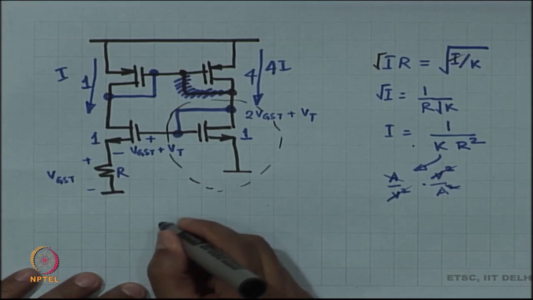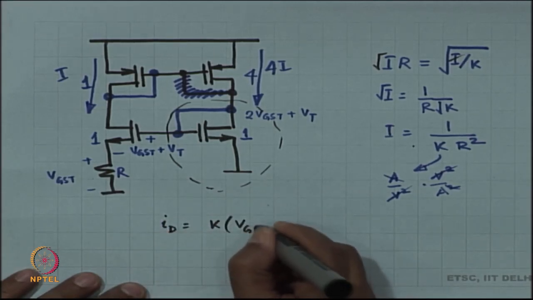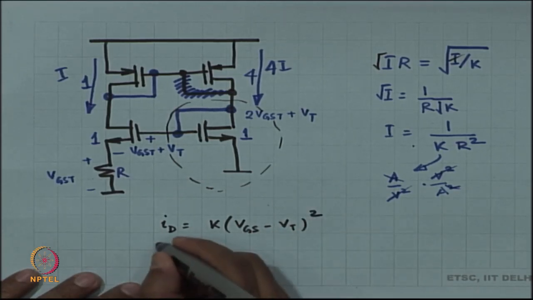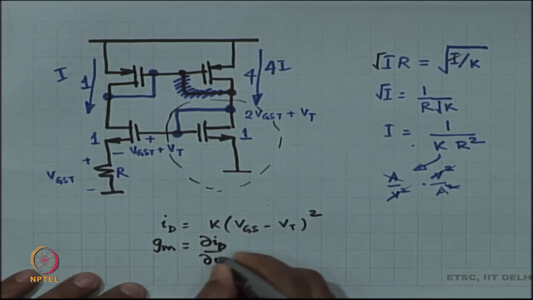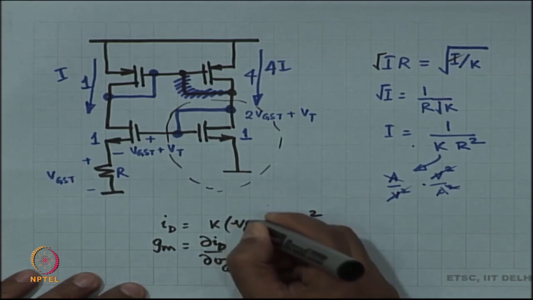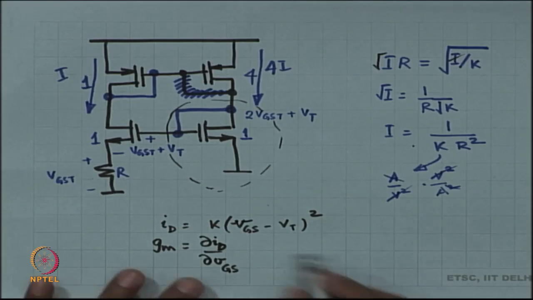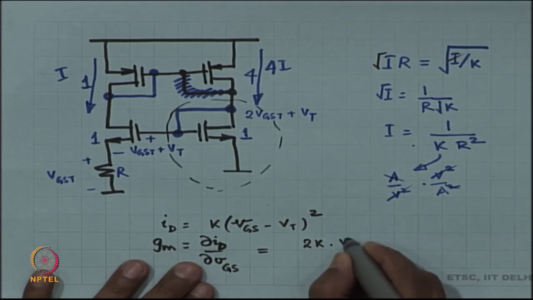So, ID is K times VGS minus VT the whole squared, right. GM is dou ID by dou VGS. This is something that you know, and you can write GM as 2 K times VGST.